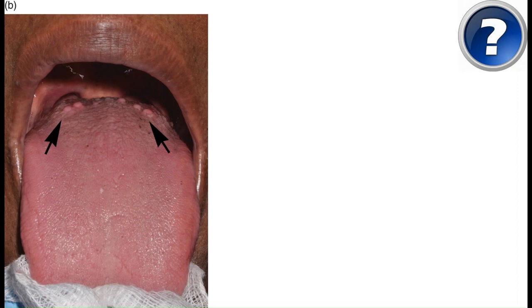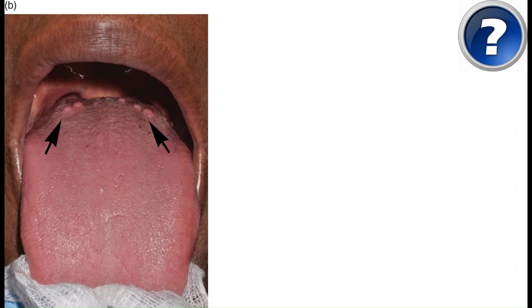Now, is this all what we see of the tongue? The answer is no. The tongue is usually divided into anterior 2/3 and posterior 1/3. Here is the anterior 2/3, and the posterior 1/3 is difficult to see because it is in the oropharynx.